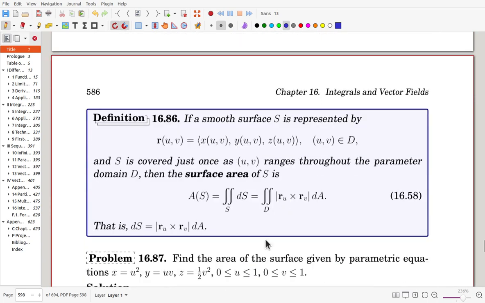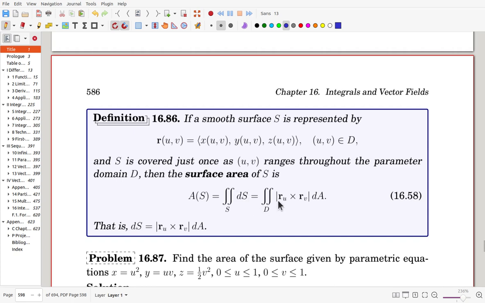So we can define the surface area. Now, a smooth surface is represented by this map, and then the surface area of S can be defined in this way. Area of S is the surface integral over S with a surface element.